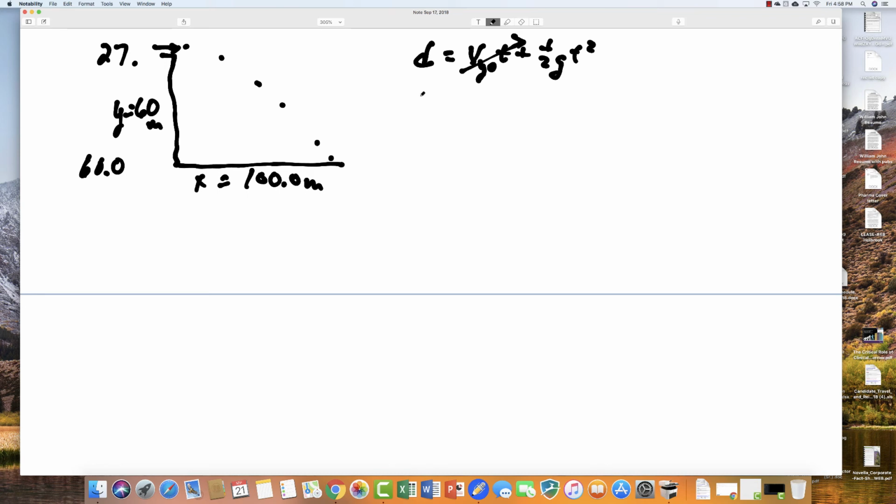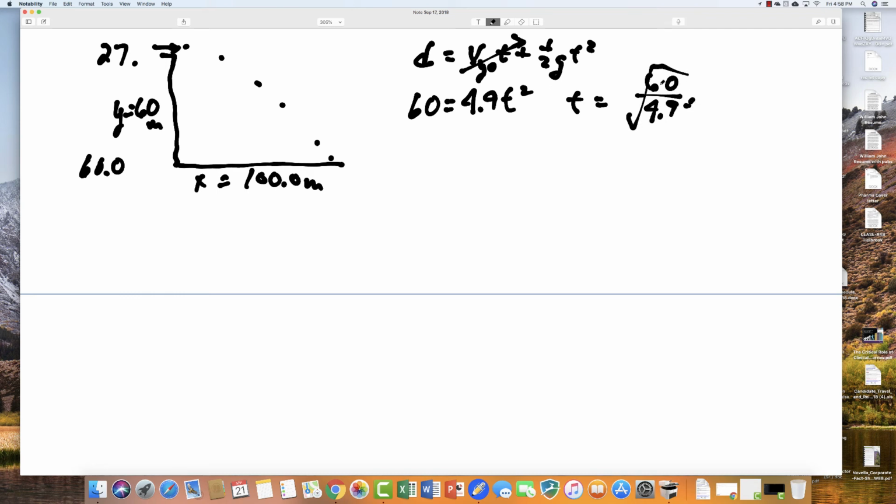So this means that 60 is equal to 1/2 times 9.8, so 4.9 t squared. So t is going to equal 60 divided by 4.9 and the square root of that.